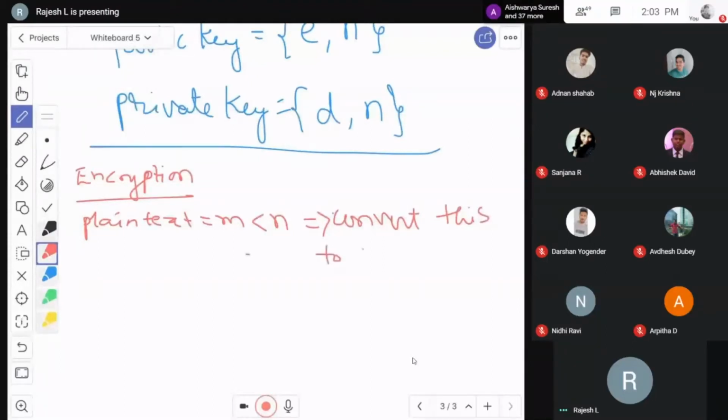Cipher text is the one which cannot be easily understood, and that is C. So in the encryption technique, you obtain the ciphertext for the plain text as m power E mod n, where E is the public key for encrypting your data.